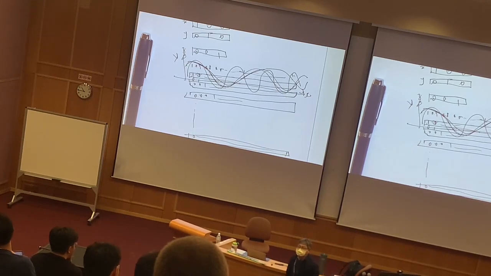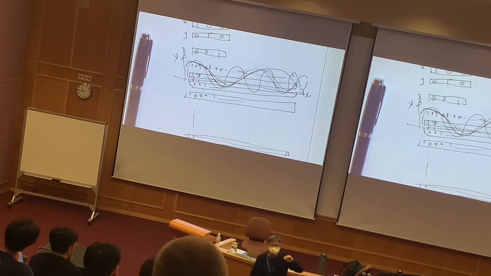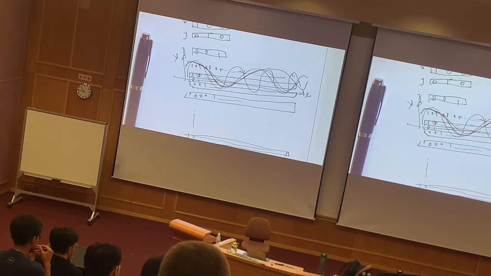Then you find that only the basis vector that represents the sine of 5 hertz has a big value, and the rest are all zero. What can you conclude about the input signal? It is a sine of 5 hertz.